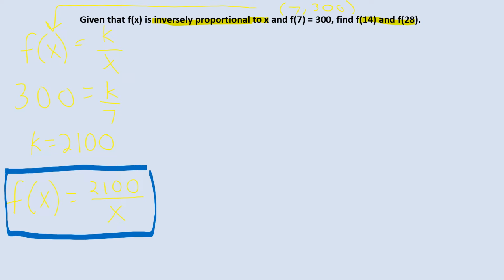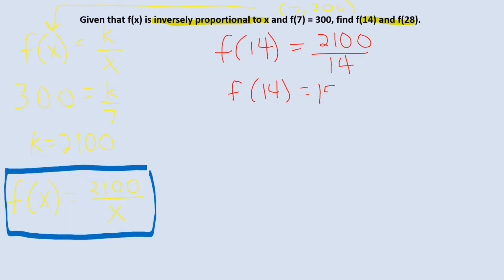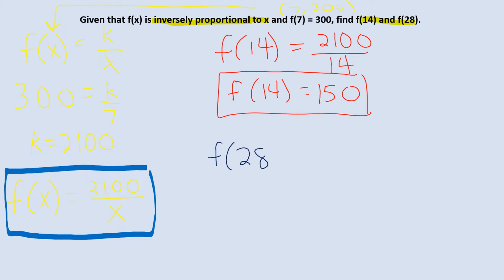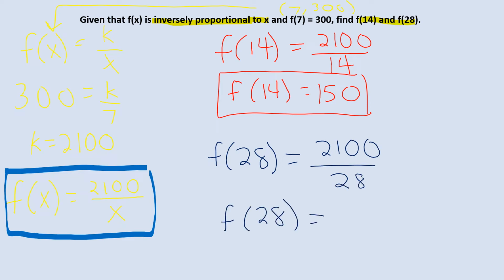So we have f of 14 equals 2100 over 14, which is going to yield 150. That's our answer there. Now we are going to plug in 28 the same way we did with 14 for x. And we are going to get f of 28 as 75.